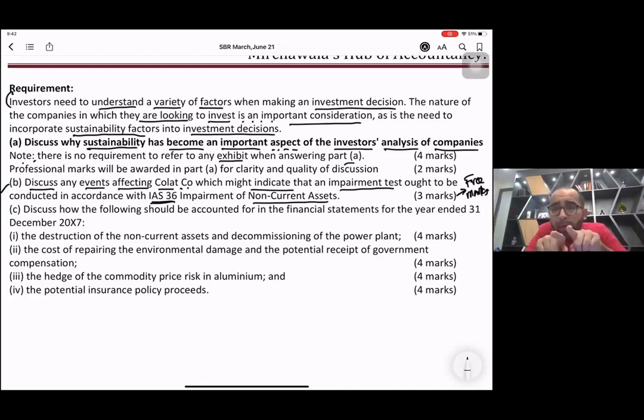Listen, investors check sustainability factors from company to company. For some companies, they check very carefully, and for some companies, they say, okay. That means the materiality level of investors varies from company to company in terms of sustainability reporting. Like if I'm investing in a car company, the car company has a direct relationship with pollution.